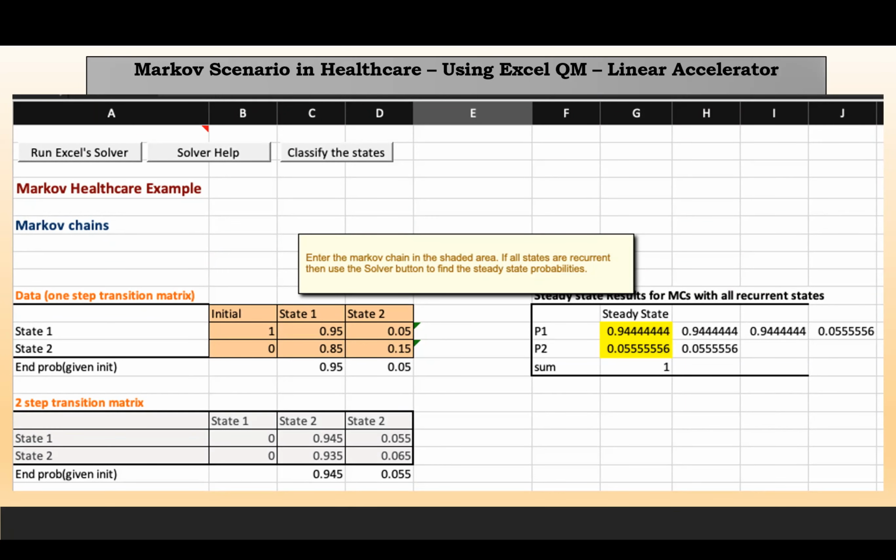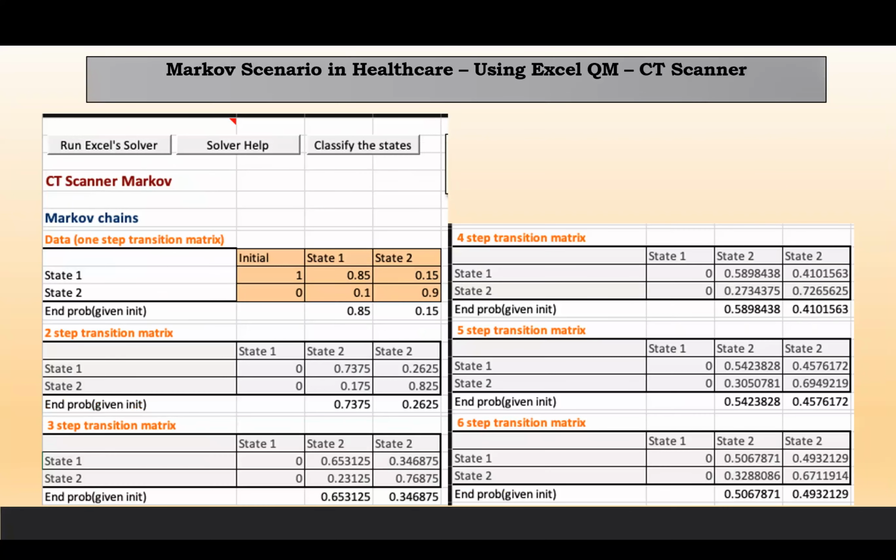Again, you look at that end probability, and you're going to see 94.5% that it will be working, and 5.5% that it won't be working. Basically, you enter that information, hit run Excel Solver, and it's going to give you the steady state as well over there. All right, Kim, you can go to the next slide.